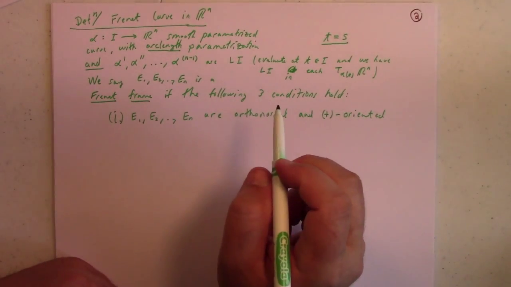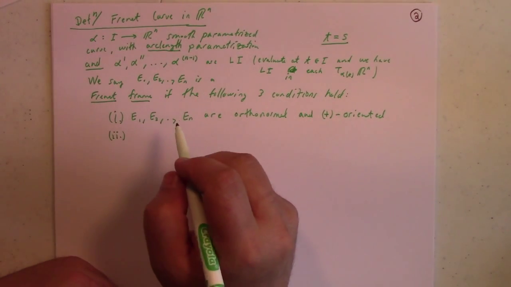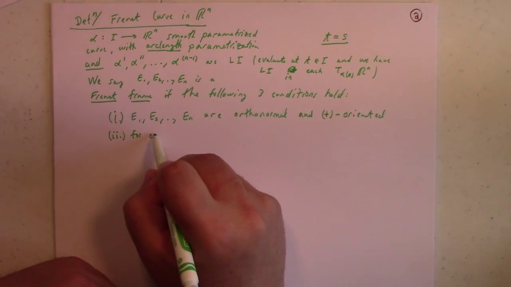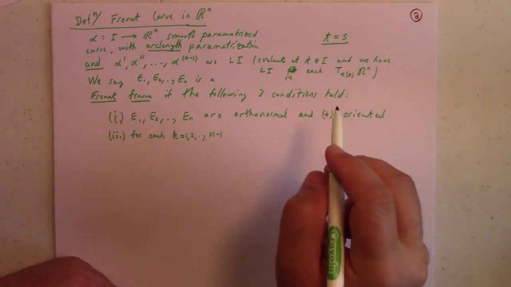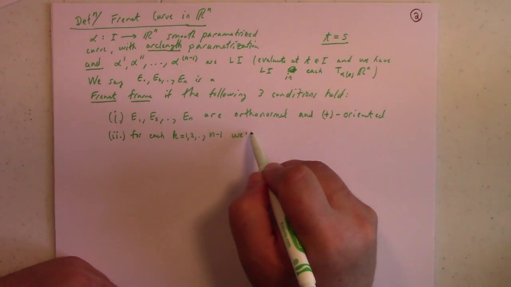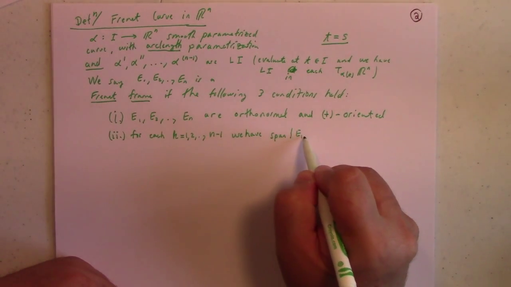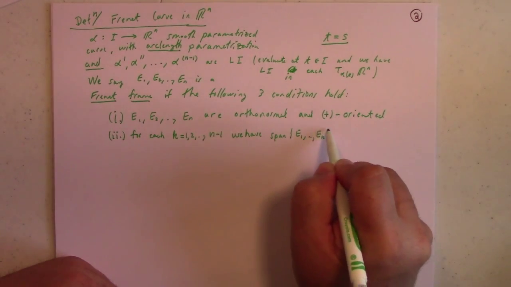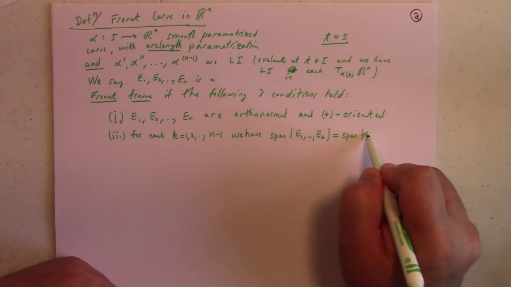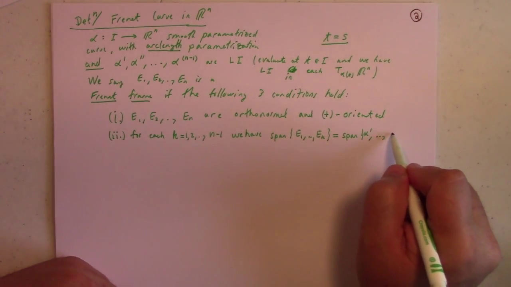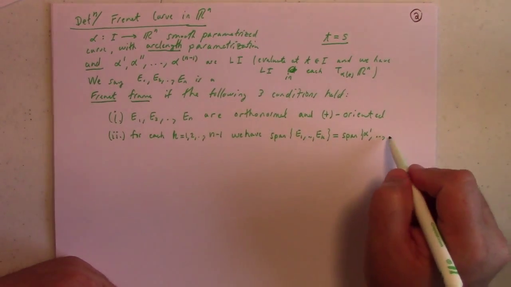Of course, that's at each point along the curve. 2, for each k, 1, 2, ..., n minus 1, we have the span of the first k of these frames fits with the span of the first k derivatives. I feel like, oh, not k minus 1. The first k of these fits with the first k derivatives. All right.